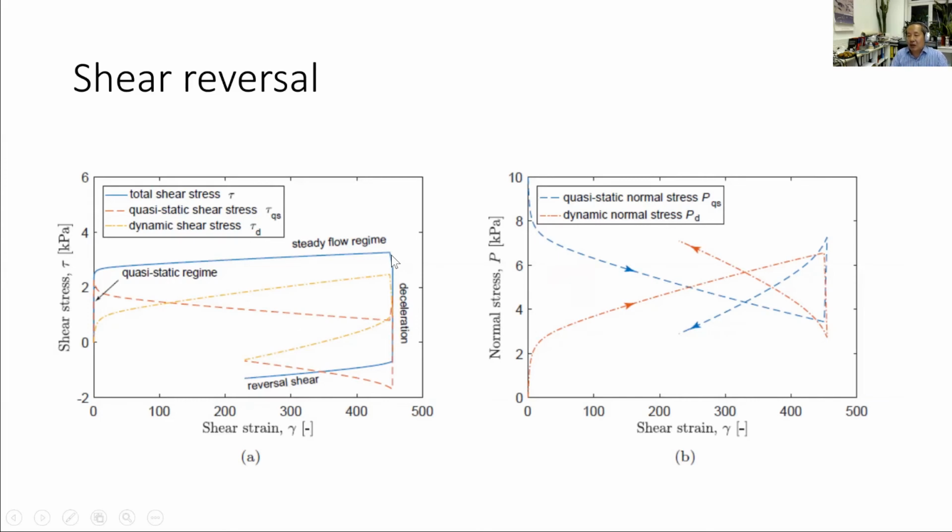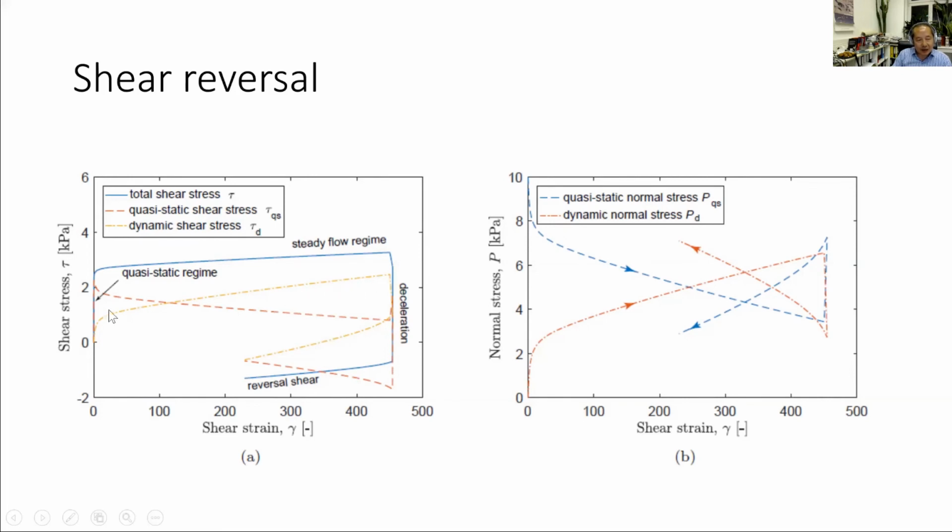Just imagine you run a 100-meter dash. If you want to stop, you need first to decelerate to come to a standstill, and then go back to accelerate. That's exactly what happens. So this is the decelerating phase, right? And then that is the stop, right? And here is acceleration in the reversal direction. And you see what happens with our quasi-static stress.